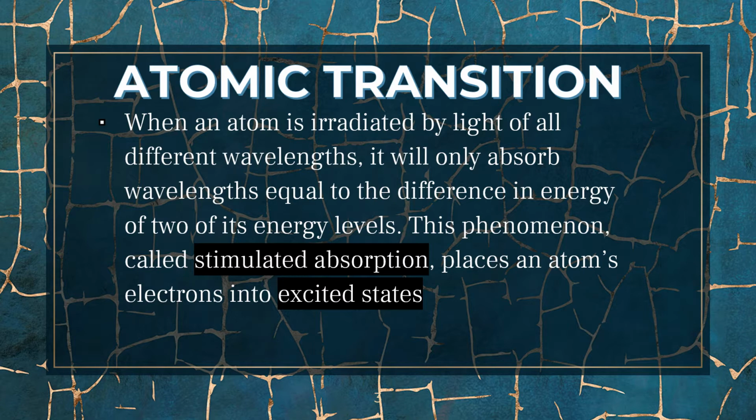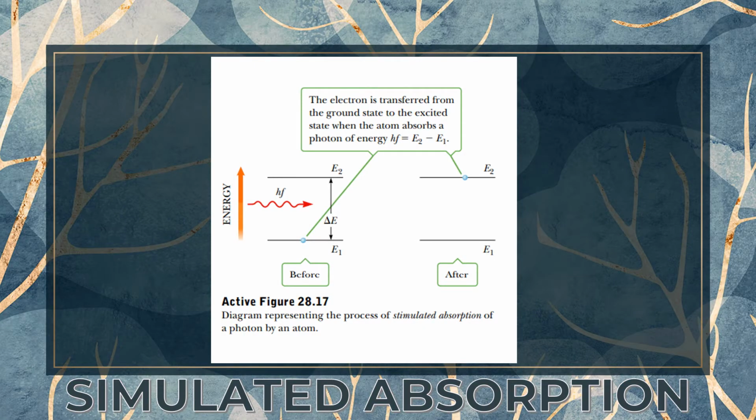Furthermore, stimulated absorption occurs when a photon strikes an atom with exactly the proper energy to induce an electronic transition between two energy states. To explain it further, this diagram represents the process of stimulated absorption of a photon by an atom.